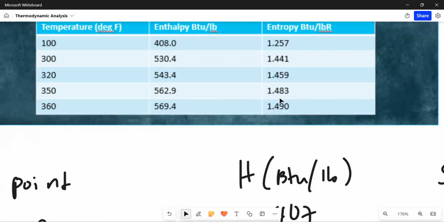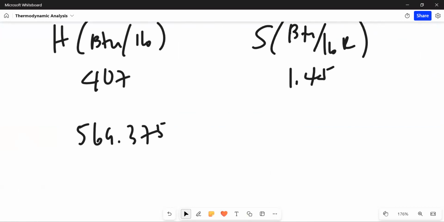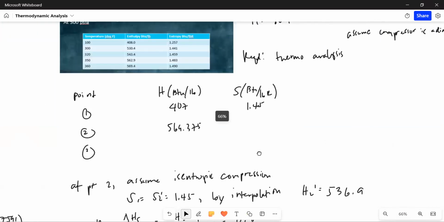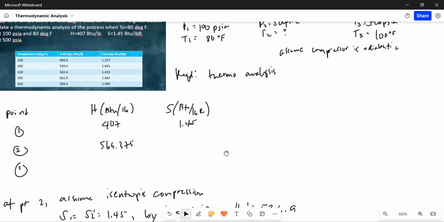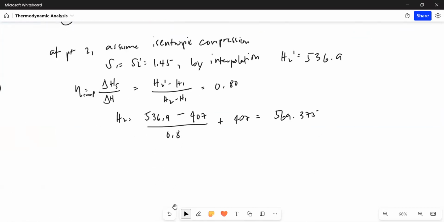We will get S2 actual, but I would write that below so that you would remember. By interpolation, S2 actual is 1.49.